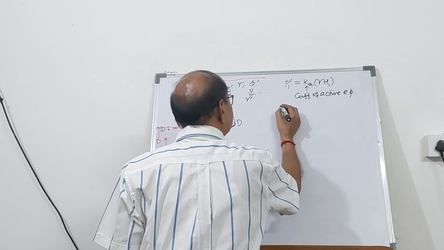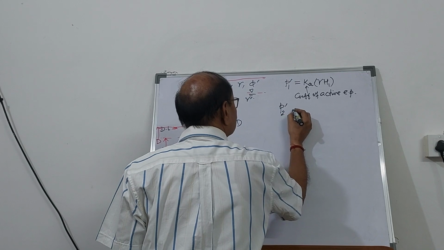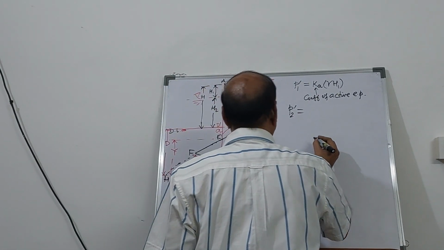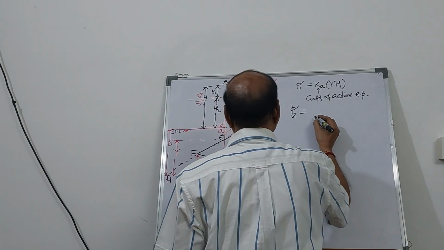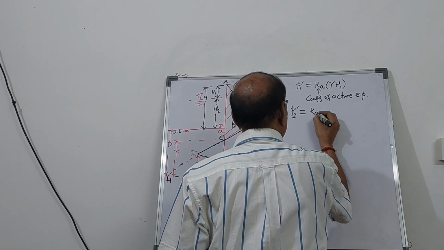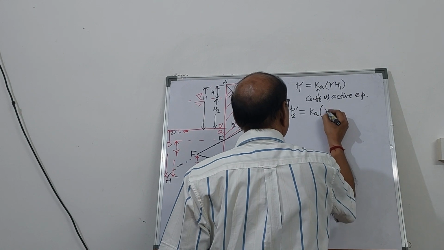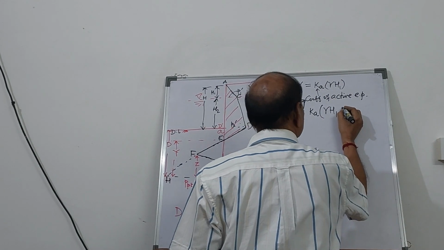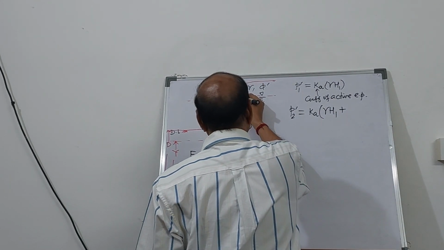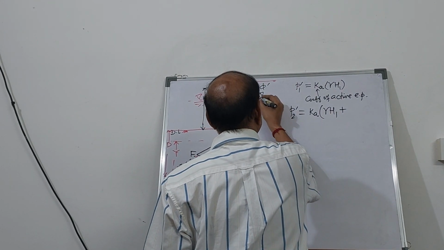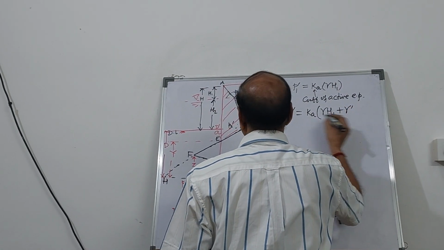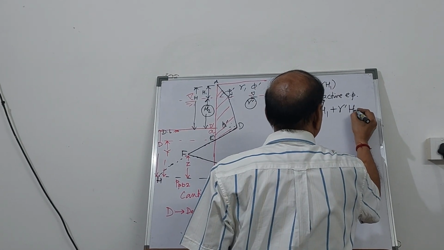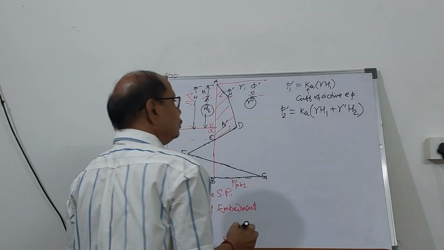Now let's calculate P2 prime, which is at D. So at D, P2 prime is again K into gamma H1 plus now gamma prime multiplied by this distance H2.